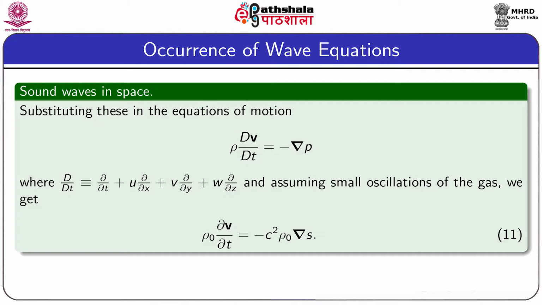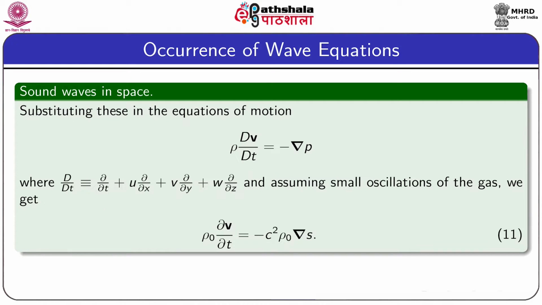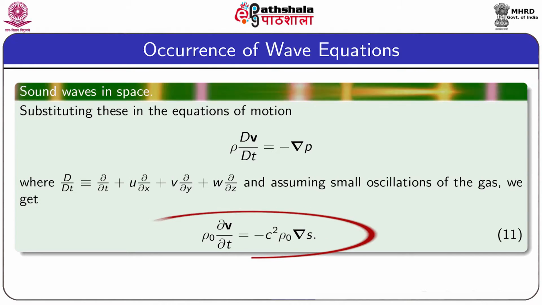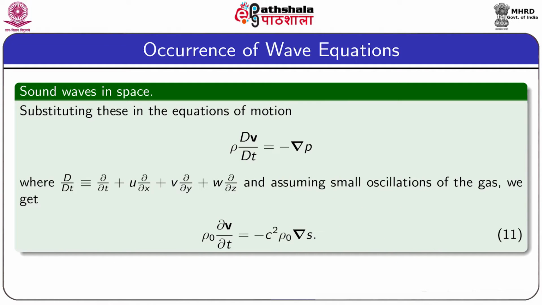Now, if we substitute the values of P and V and neglect the nonlinear terms, we get the equation which is written as equation number 11. Rho 0 del V del t equals minus c square rho 0 grad s.